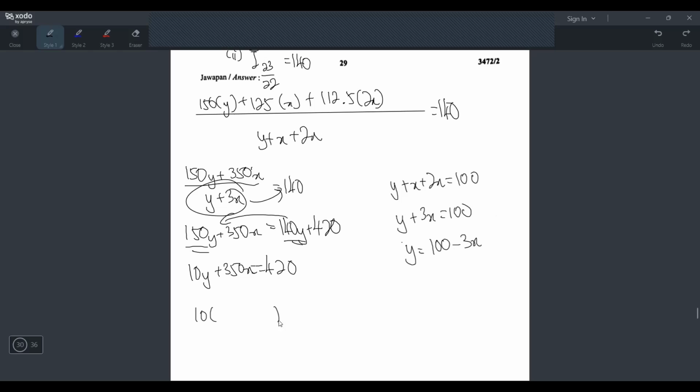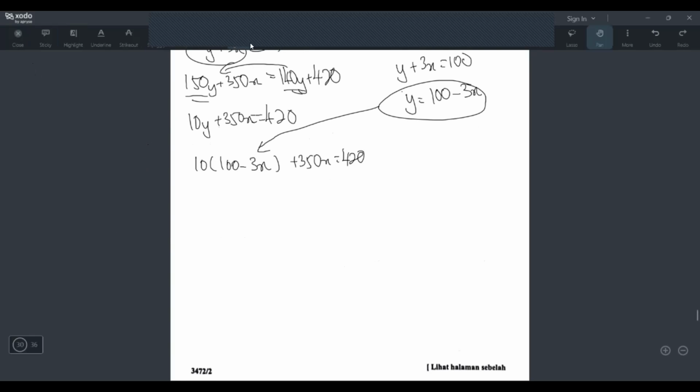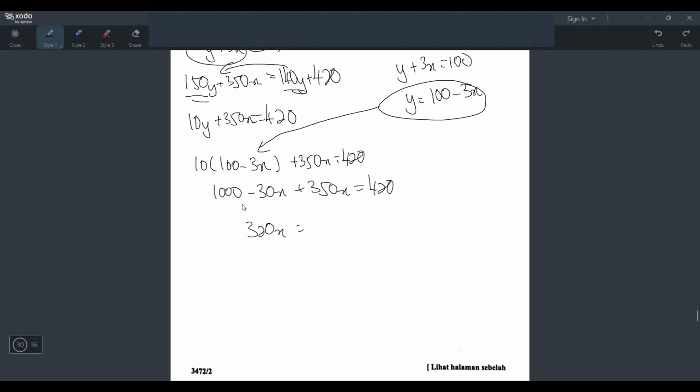So it becomes 10 bracket plus 350x equals 420. And this whole equation for y, I will sub inside here. So 100 minus 3x. It means I already combined these two equations into one equation. And then you can find x now. So 10 times 100, 1000, 10 times 3, 30x plus 350x equals 420. 350 minus 30, 320x, 1000 moves over.